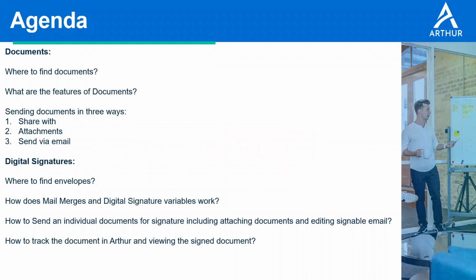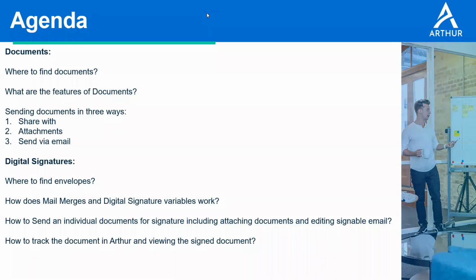So in today's agenda, we'll be discussing documents, where to find those documents, what features of documents we have, and 3 ways you can send documents in your Arthur account. You can share with, attach them, or send them via email.